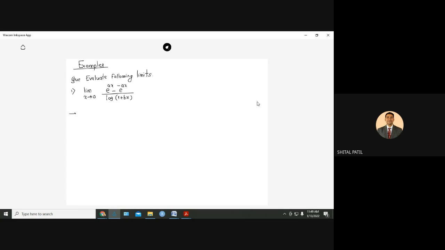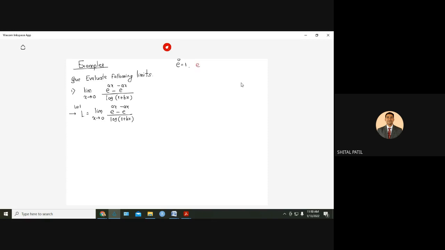Solution: let L equal limit x tends to 0, e raised to x minus e raised to minus x divided by log of 1 plus bx. I think you know these formulas. E raised to 0 is 1. If it is not known to you, please write it and remember it.